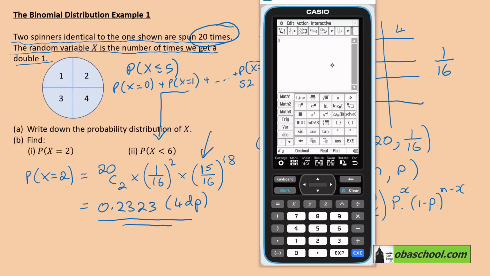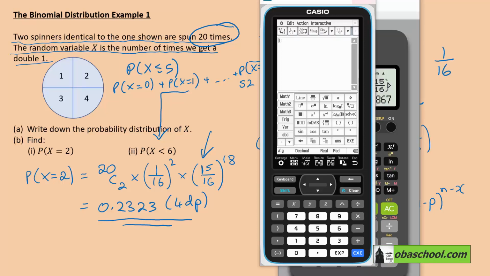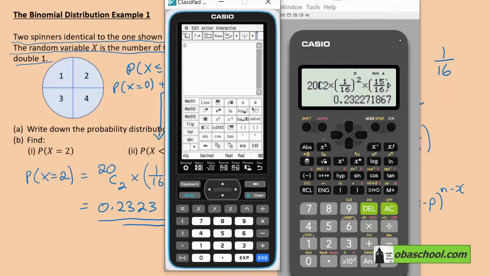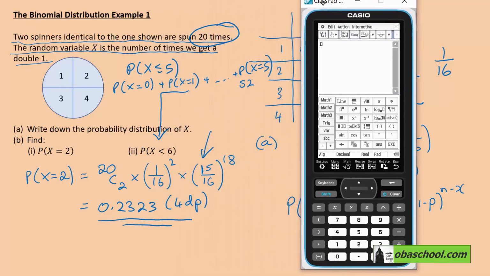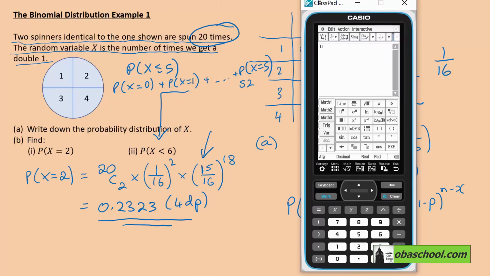Now the calculator I use is the Casio ClassPad, but whatever calculator you have, if it's not just the ordinary scientific, like my Casio FX, any more advanced calculator will usually have an app, and it probably operates in a similar sort of way.